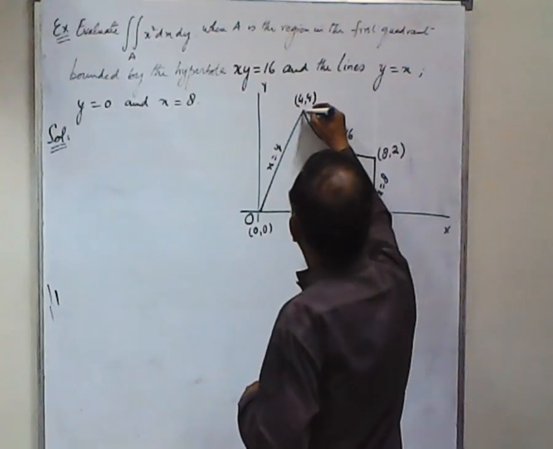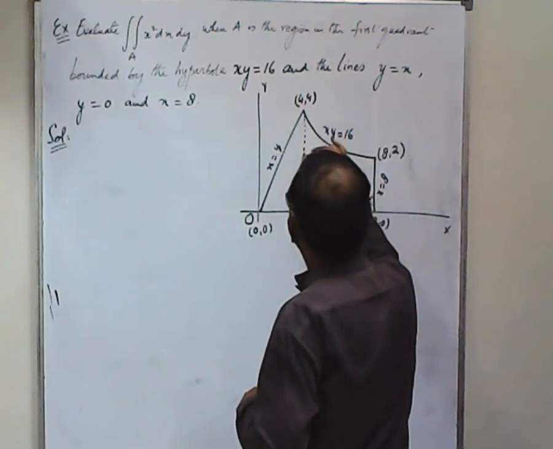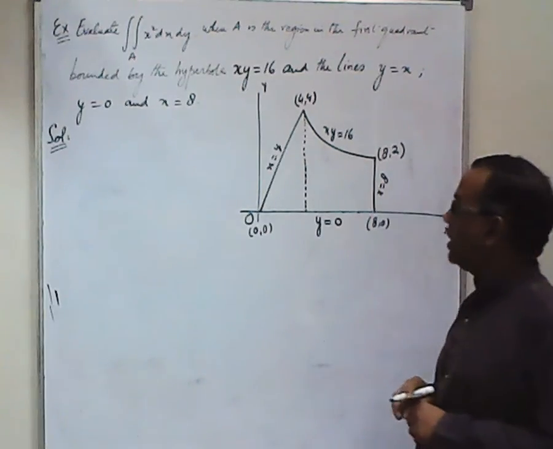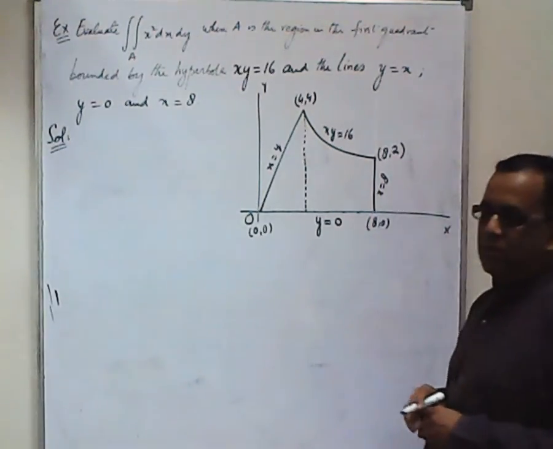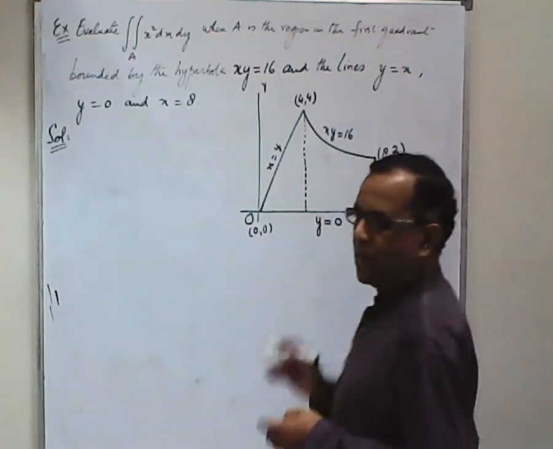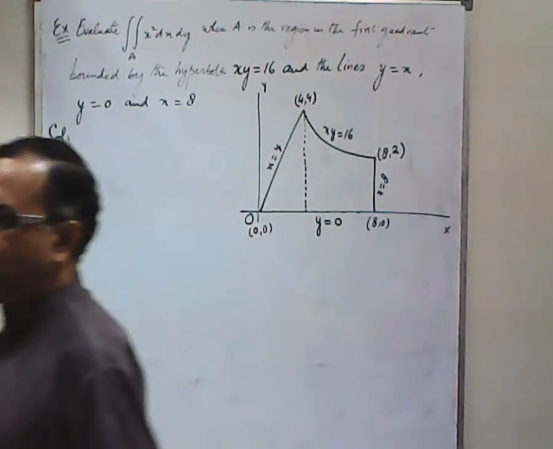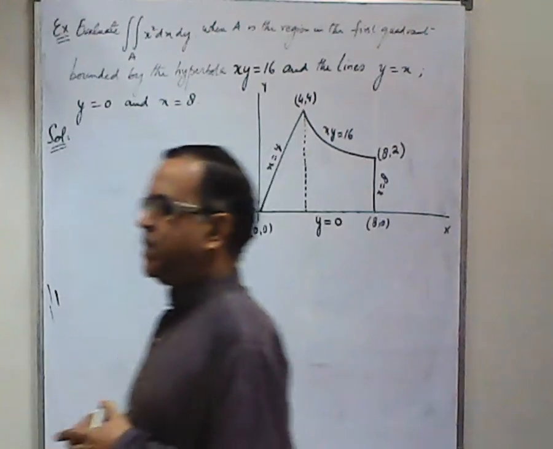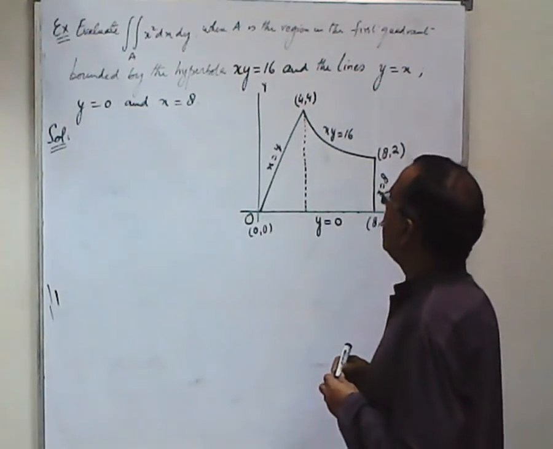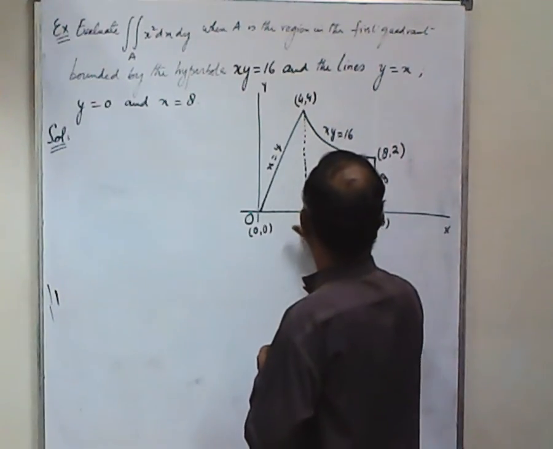Now, the other important point is this, that in order to find this area, it is important for us to split it in two, because this is not a well-known figure to calculate the area. So it is better to split it in two ways, so then it will become much easier for us.